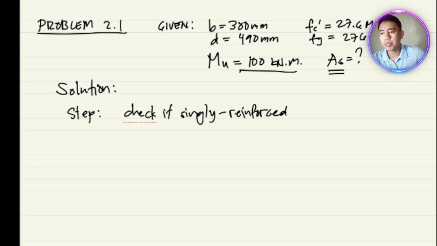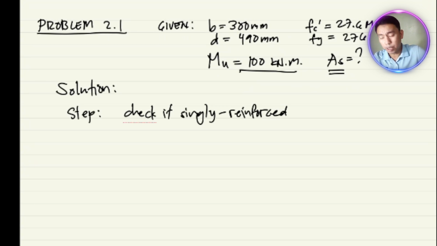There will be a separate calculation if it is doubly reinforced. Most of the practical design nowadays is the doubly reinforced, but maybe I will explain that deeper in our topic on doubly reinforced.